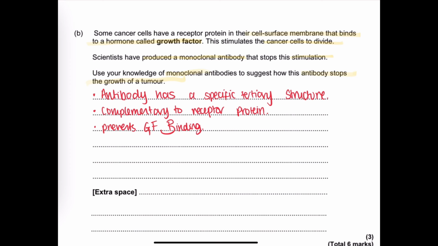So as soon as you see antibodies and monoclonal, we already know that we're talking about protein, so it's the same kind of structure. Basically the antibody has a specific tertiary structure, which means it has a specific binding site. So this is only complementary to the receptor protein, so it only binds to the receptor of that GF. So this means that it stops the growth factor from binding.